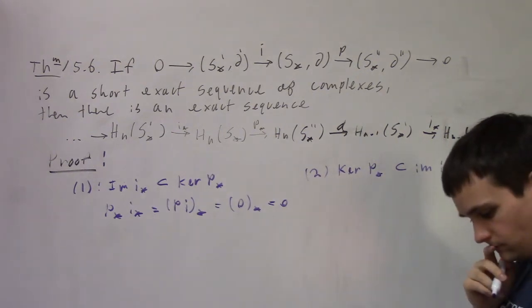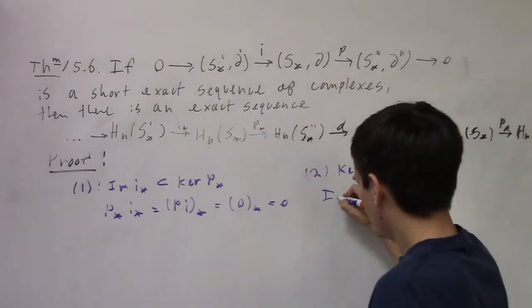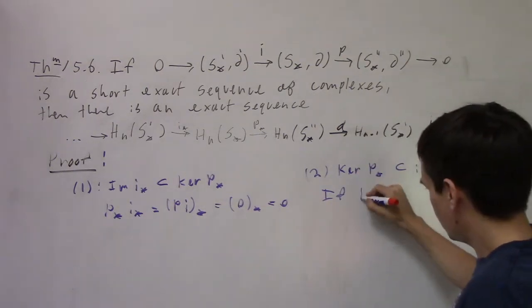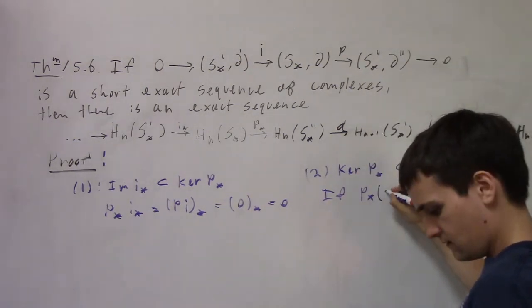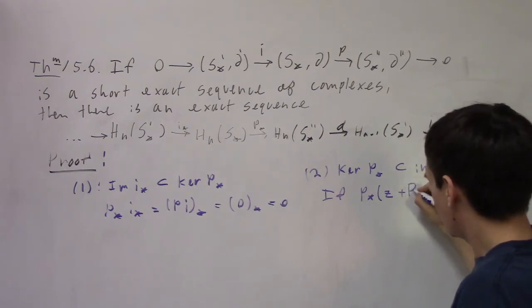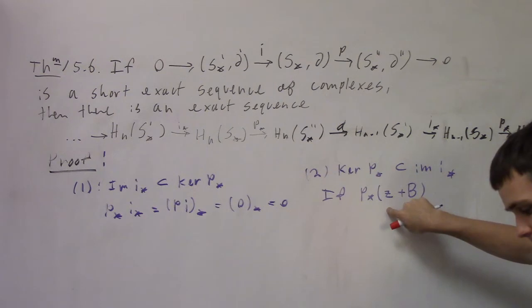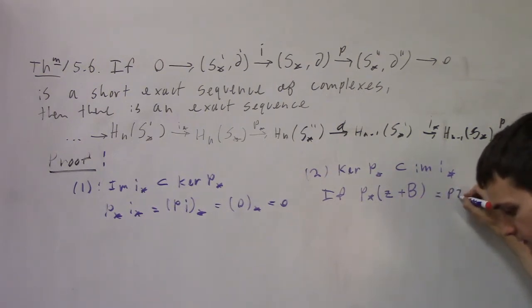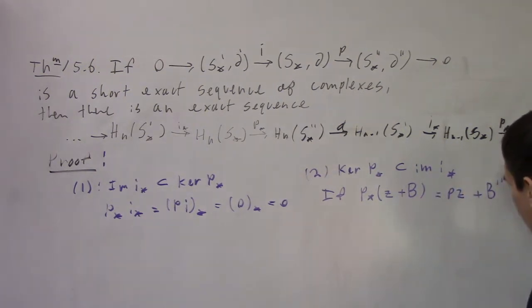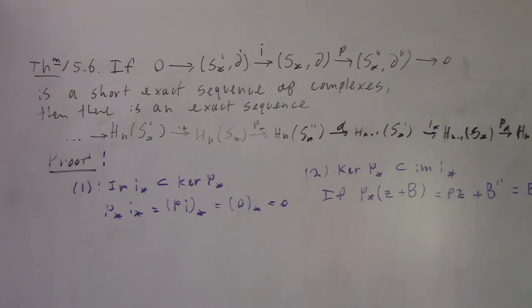So, the map induced by P of Z plus boundary, so this is a coset, is equal to PZ plus another coset, B prime prime. In other words, we're assuming that Z plus B is an element of the kernel of this map.